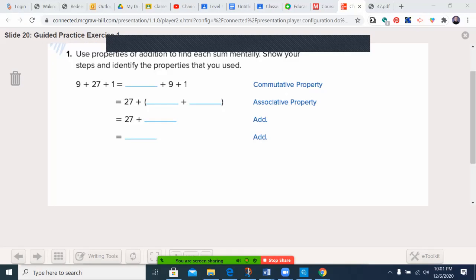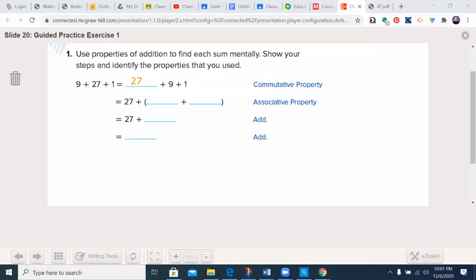So I have 9 plus 27 plus 1. And by the commutative property, I know that 9 and 1 is going to give me something good together. So I'm going to put 27 first and have the 9 plus 1. I probably would have gone 9 plus 1 plus 27 personally, but that's just how I do things. So now I'm going to put these 9 and 1 together because I know that it's going to give me an error because I wrote down the number wrong.